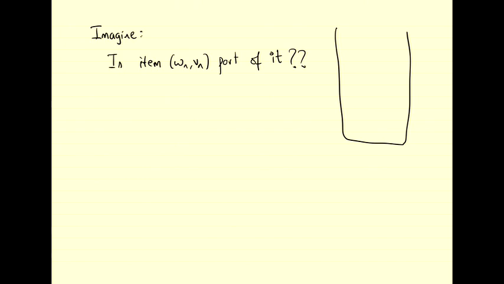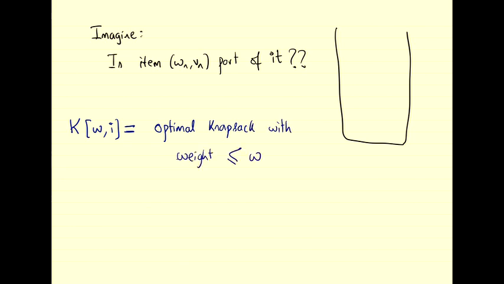So the set of elements that I'm allowed is some subset of 1 through I. So my subproblem is K of W comma I. This is my subproblem, the optimal knapsack with total weight less than W that uses only elements from 1 through I.